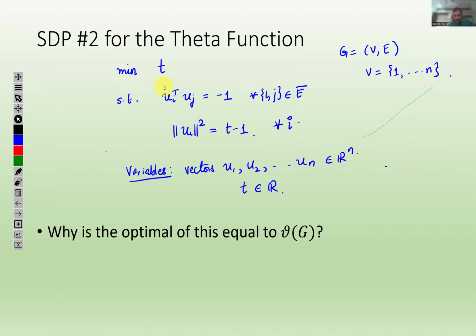It's not obvious, but it actually does. The claim is that the value of this is actually equal to theta of G. I was planning to do a proof of this, but it's slightly involved because it requires two parts. So what I will possibly do is in 5 minutes tell you one part of it. And the second part, I'll just leave out and you can look at the reference if you are interested in knowing the solution.